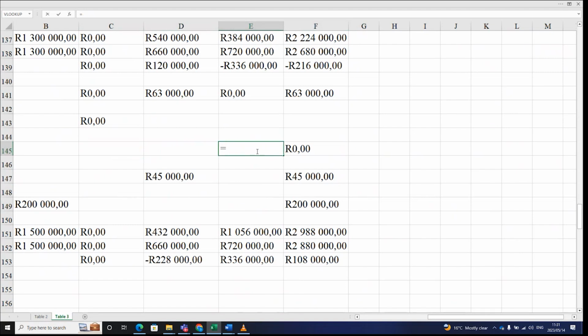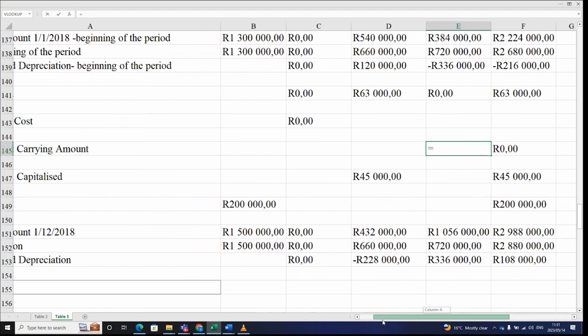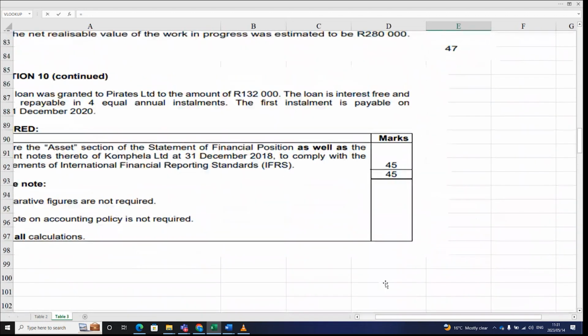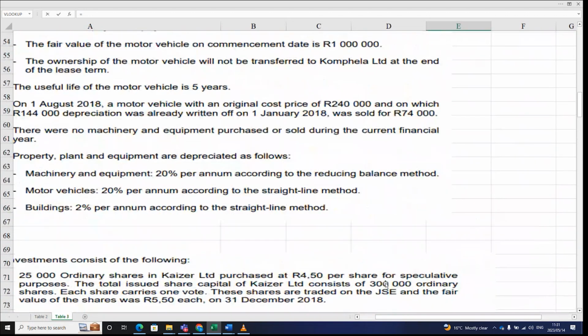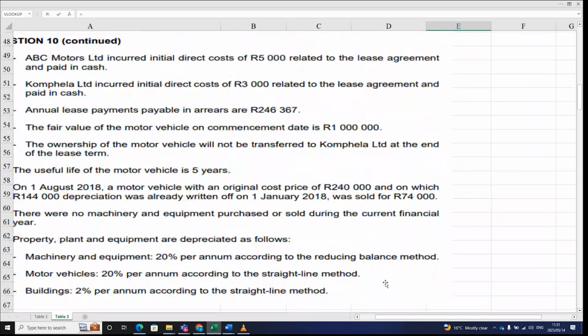We know that the cost of this asset was 240,000. Then accumulated depreciation was 144,000. Okay.